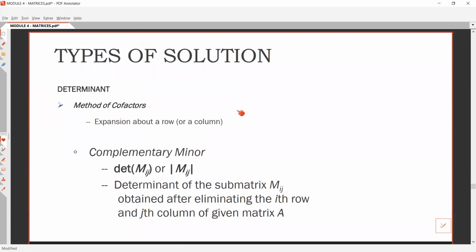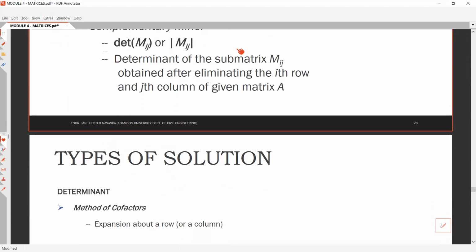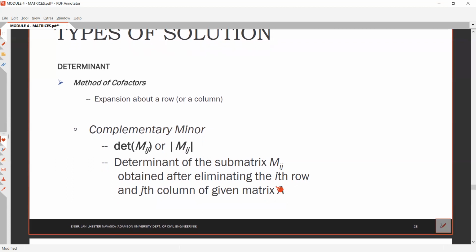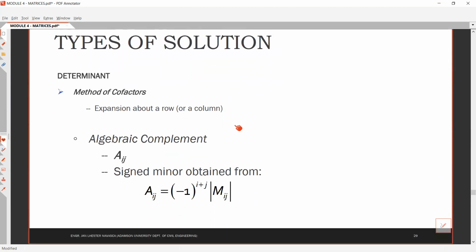Other way kapag medyo mataas na is yung method of cofactors. Okay? So for the method of cofactors, we will expand about a row or a column. Okay, so complementary minor. So determinant of Mij or the notation na ganito. So determinant of the submatrix Mij obtained after eliminating the ith row and the jth column of a given matrix A. Okay, so for the method of cofactors, we recall yung algebraic complement.